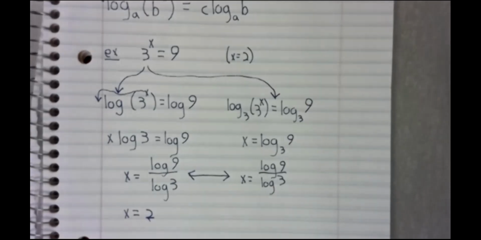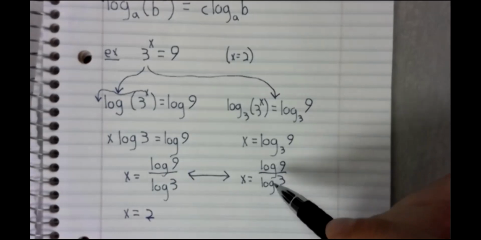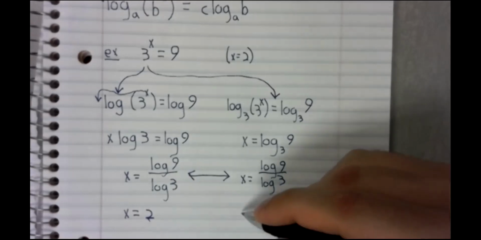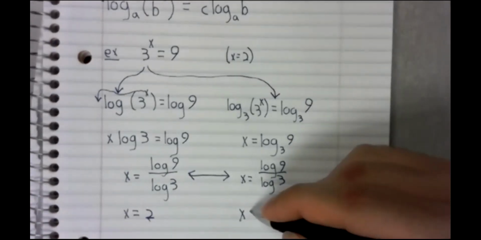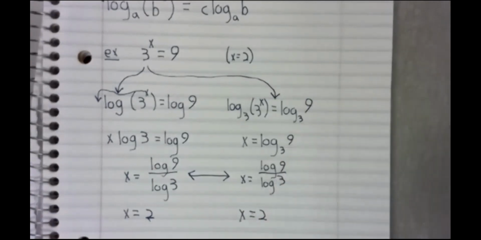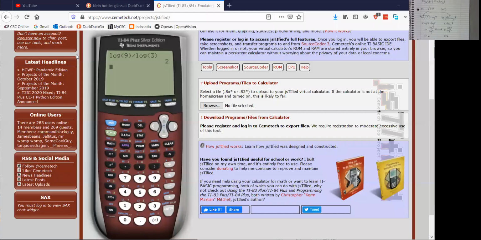The common logarithm of 9 over the common logarithm of 3, x equals 2. I mean, we already typed that very thing into our calculator.